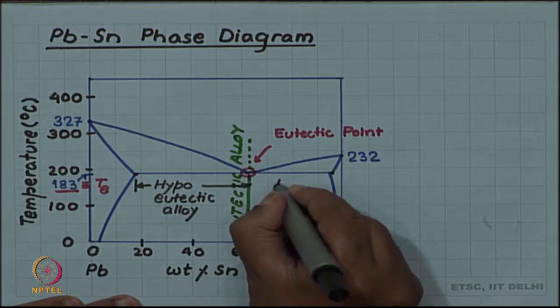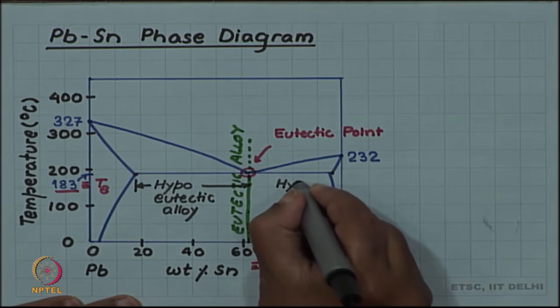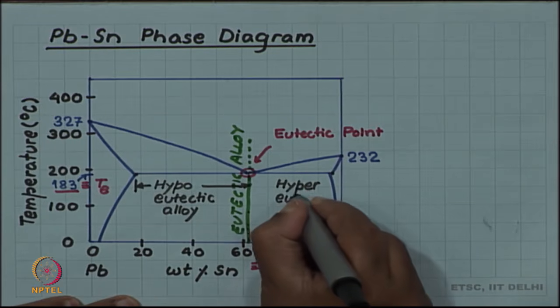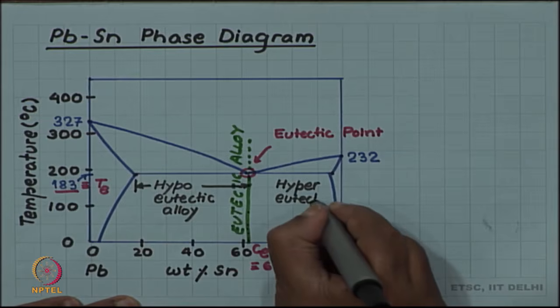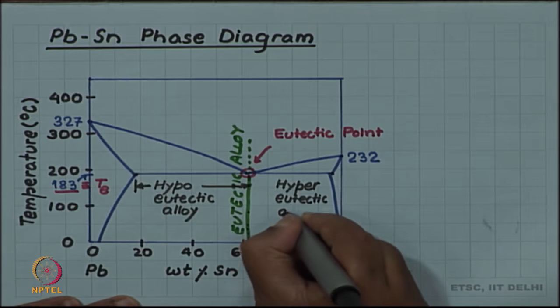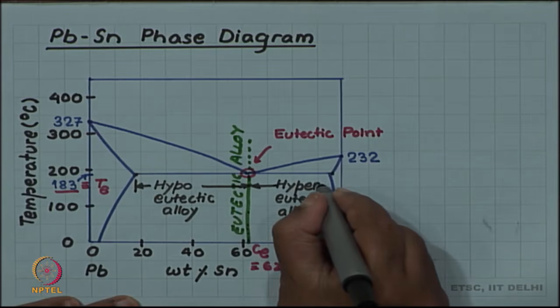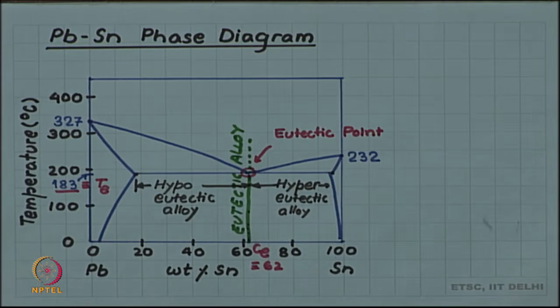Alloys with composition higher than the eutectic alloy are correspondingly called hypereutectic alloys. This will be the hypereutectic alloy.